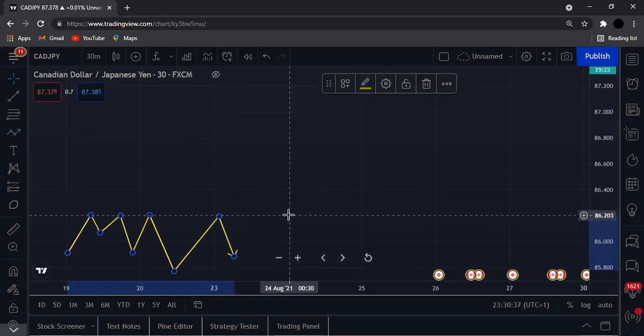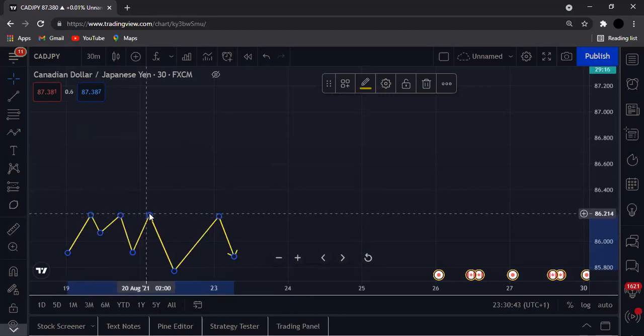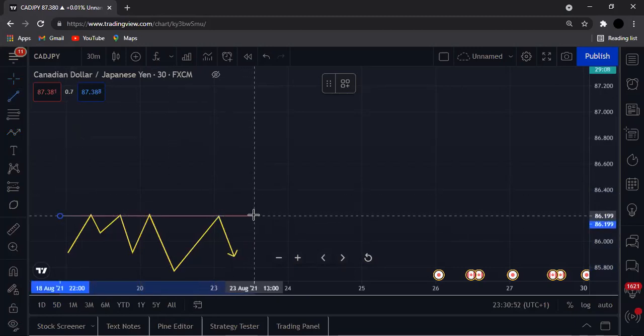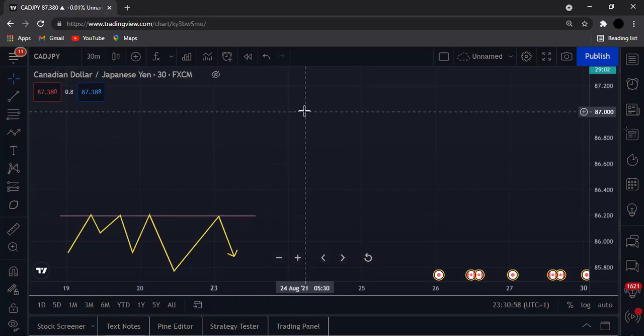It's not breaking beyond this horizontal level. You can see it's finding it hard to go beyond that point. So that is a resistance.